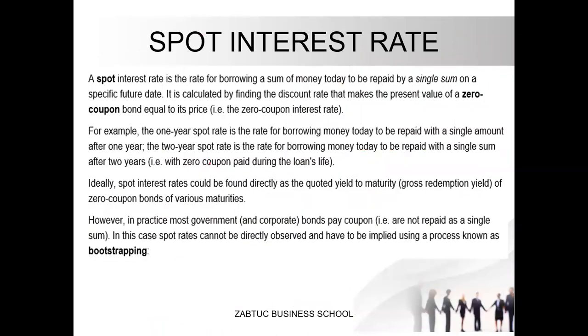Let us start with the methodology or the variables for today. We're introducing you to the concept called a spot interest rate. Now, this is a new terminology we want you to understand. So what is a spot interest rate?